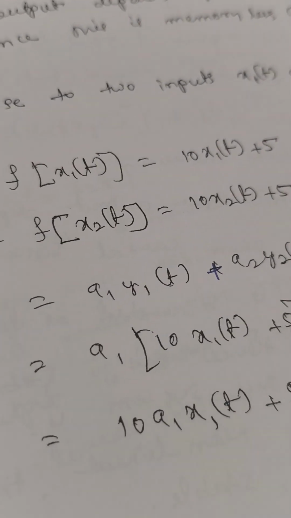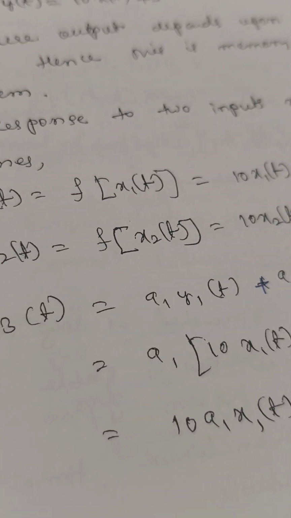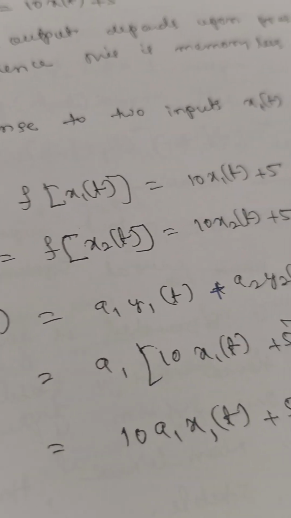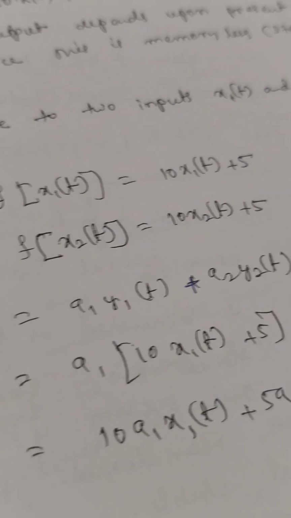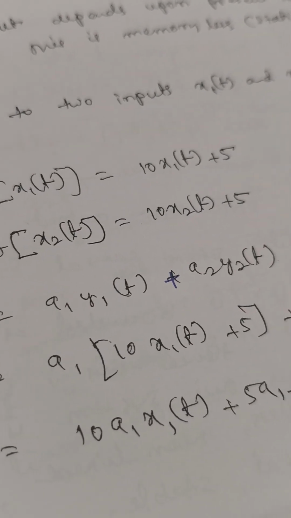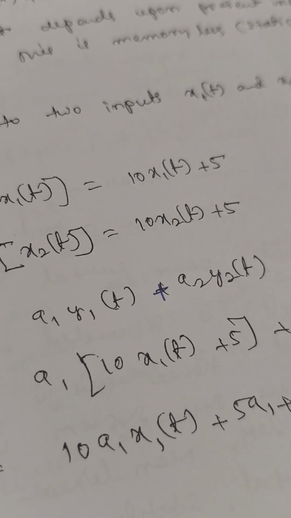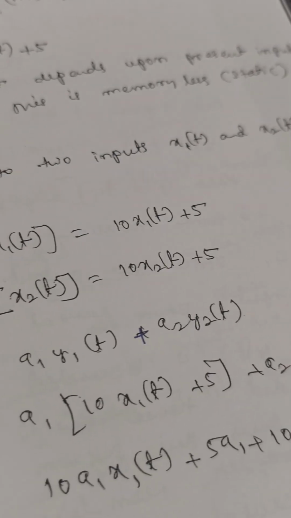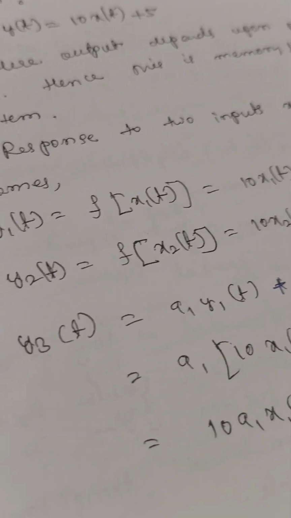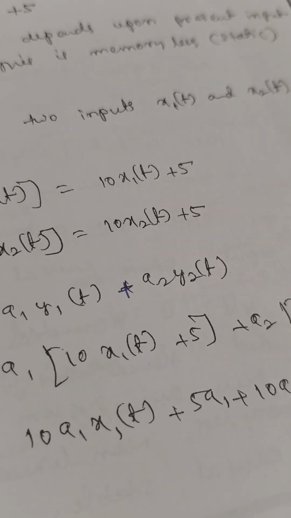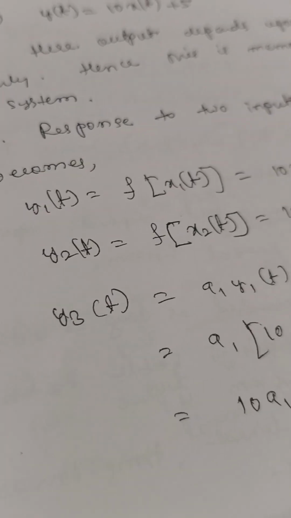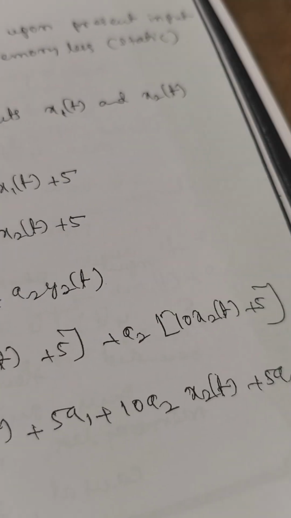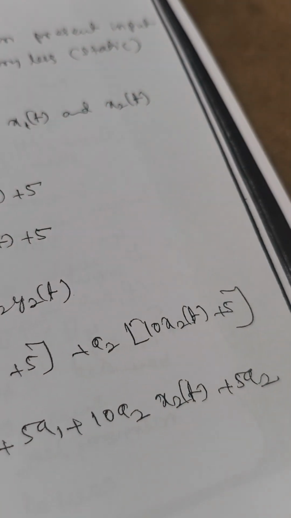Therefore y3(t) equals a1 y1(t) plus a2 y2(t), which equals a1 times (10x1(t) plus 5), plus a2 times (10x2(t) plus 5).